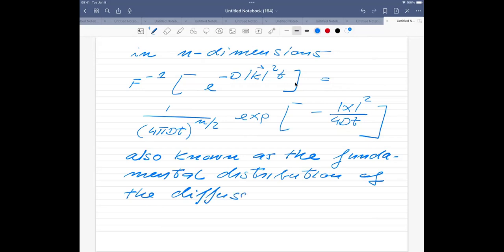So if I solve the diffusion equation, this is the kind of solution which we get, and that's why it's called the fundamental distribution of the diffusion equation.